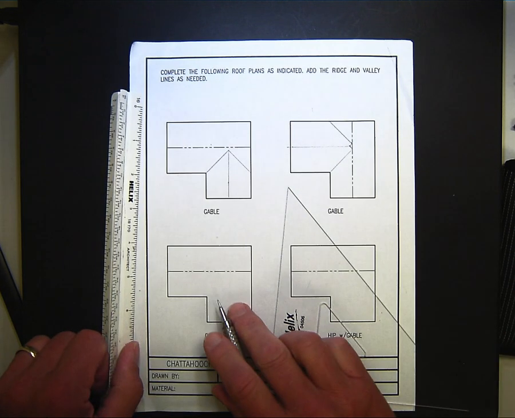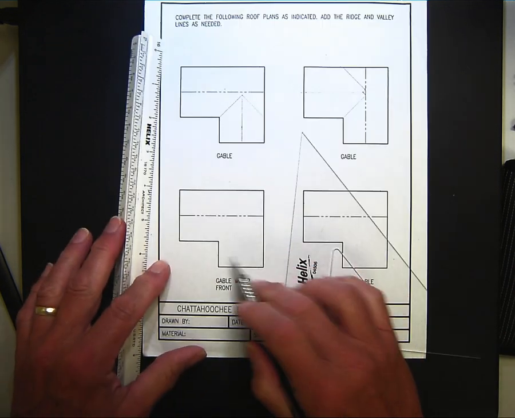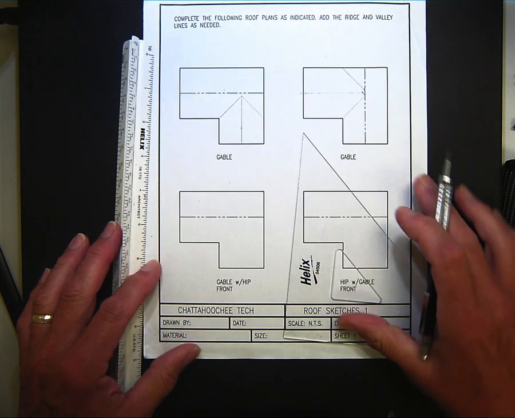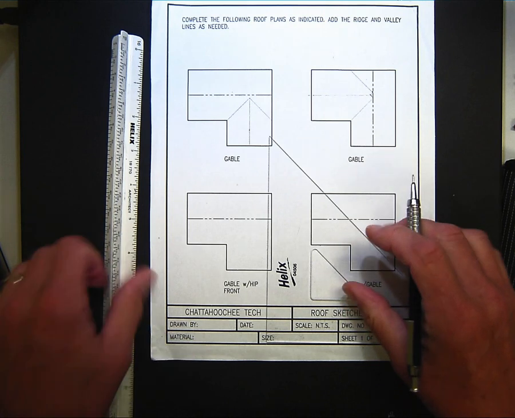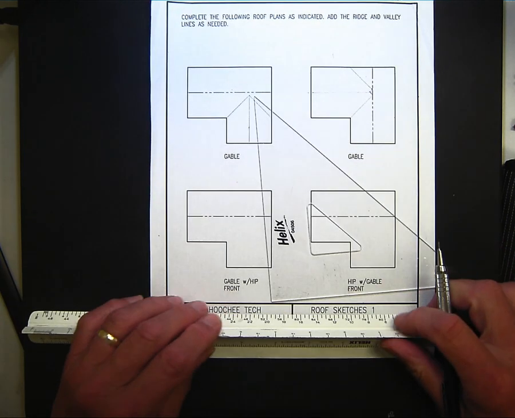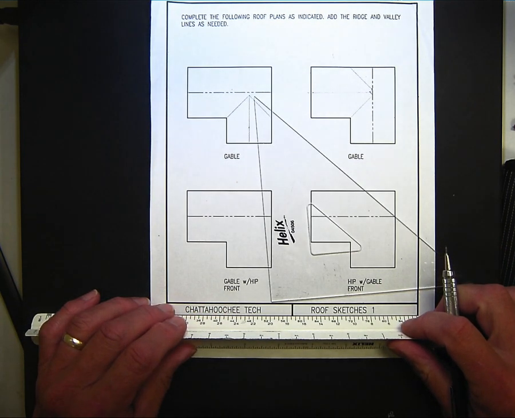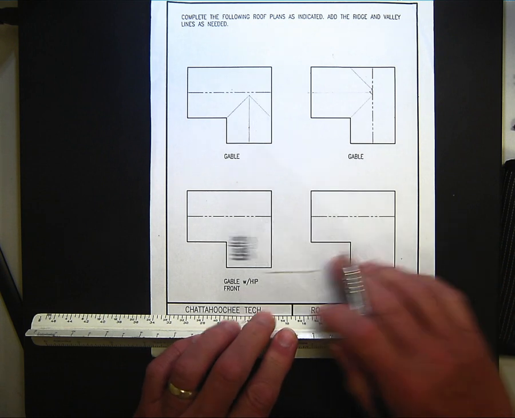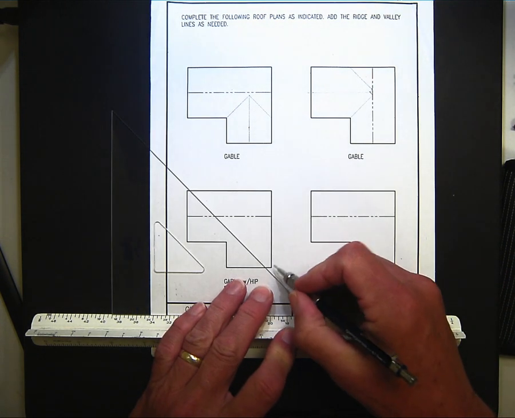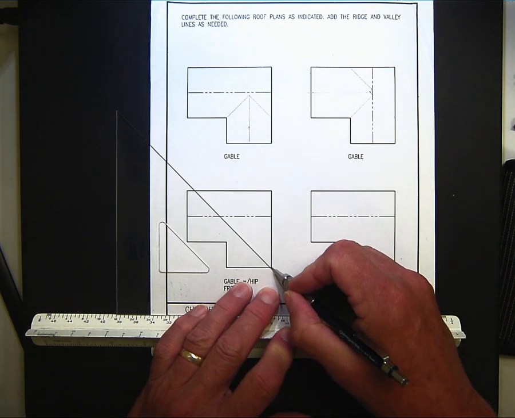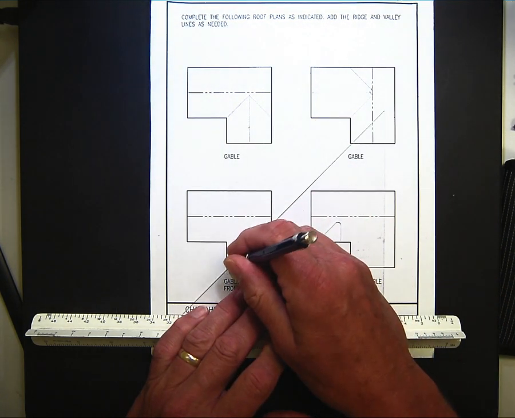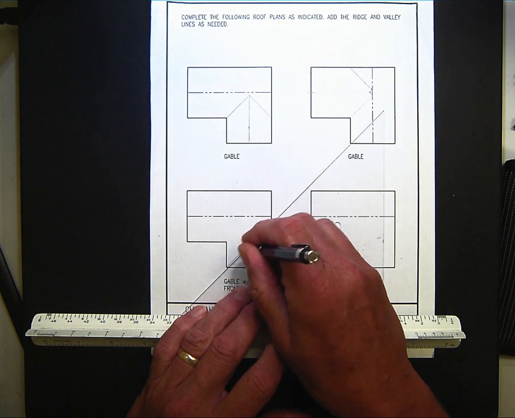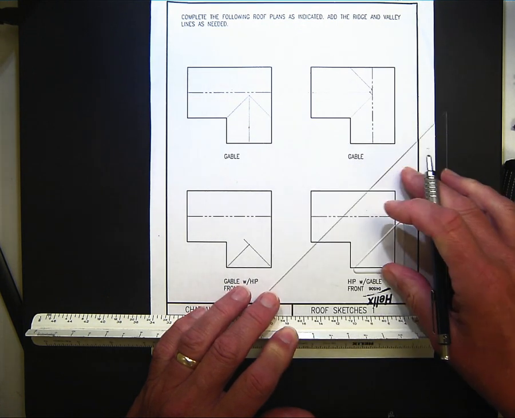Okay, with this one down here, we're going to do a gable with a hip front. And so we still need to know where the ridge is, but because we're dealing with a hip on the front, I can go ahead and draw my hip line up and then go to the other side and bring that hip up.